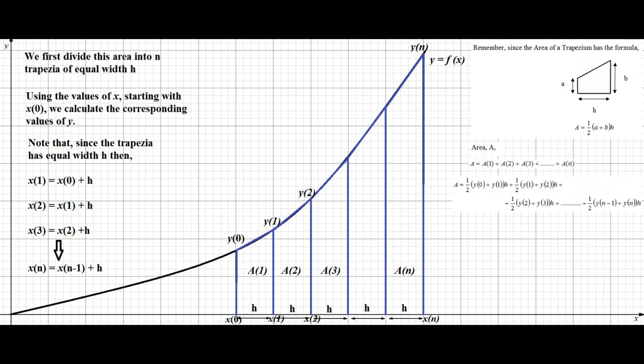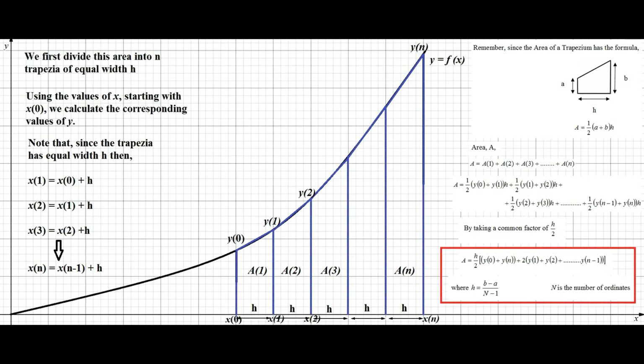Using the formula, the area of a trapezium is half the sum of the parallel sides times the distance between. I've added the areas A1, A2, A3 all the way until I reach the last area, AN. And if you take a common factor of h over 2, you're going to end up with the formula for the trapezium rule.